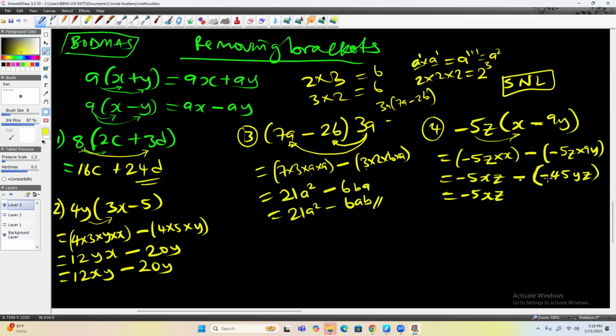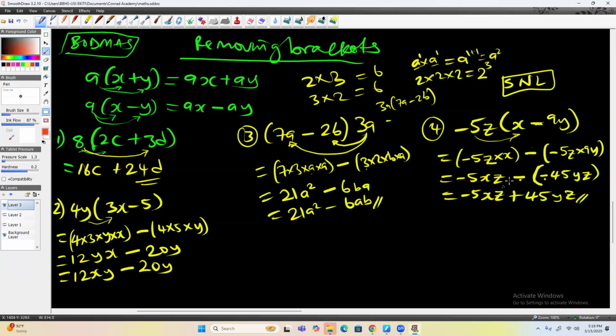This negative now multiplies the negative here. Negative times negative is positive. That gives you 45yz, and that is simply the answer.